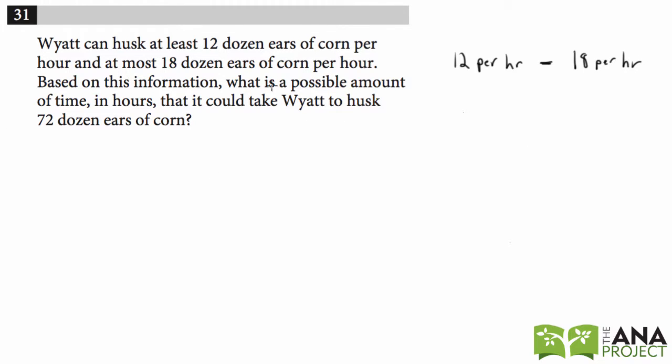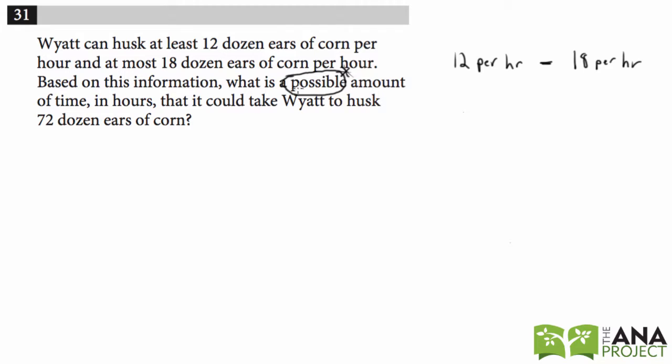Based on this information, what is a possible, this is important, and it confuses a lot of students, what is a possible amount of time in hours that it could take Wyatt to husk 72 dozen ears of corn? So possible means that there are multiple answers to this question.